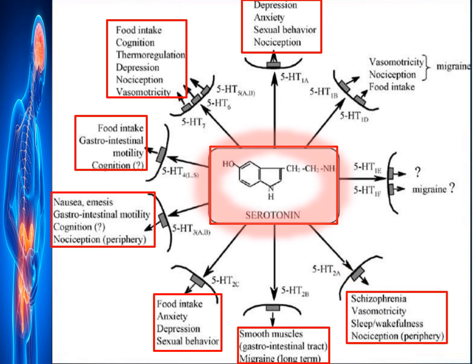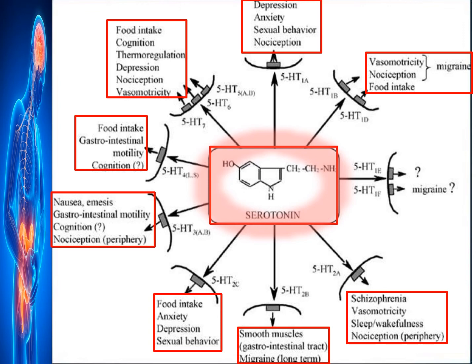Then through the 5-HT2A receptor, the serotonin is responsible for schizophrenia, vasomotricity, sleep and wakefulness, and nociception at the periphery level. Then through the 5-HT1B receptor and the 5-HT1D receptor, it is responsible for vasomotricity and nociception.